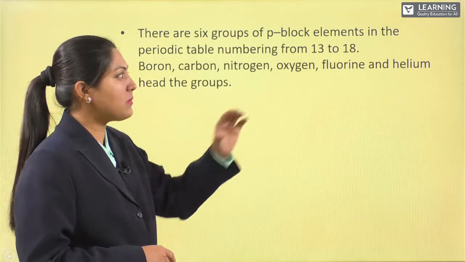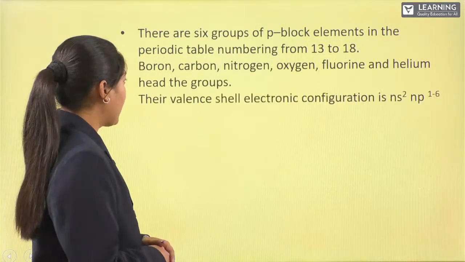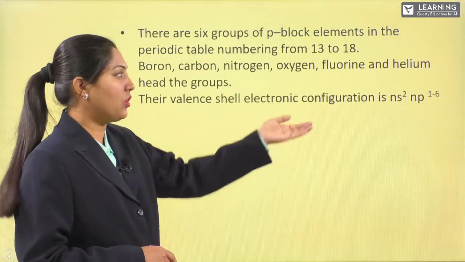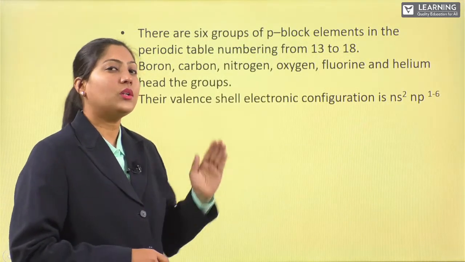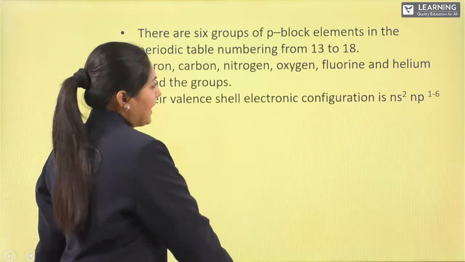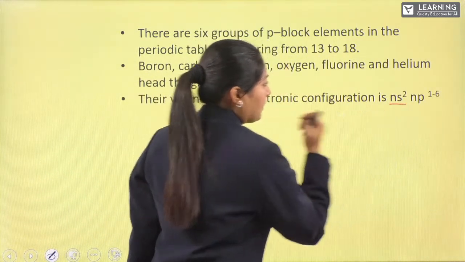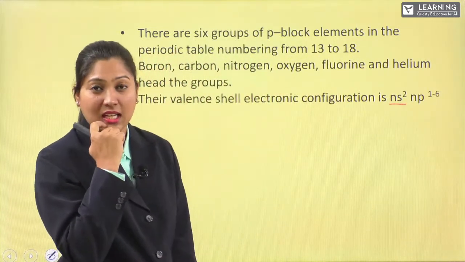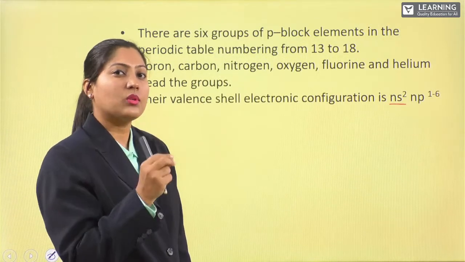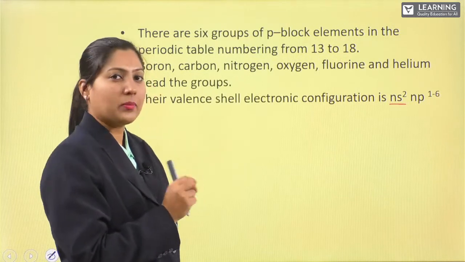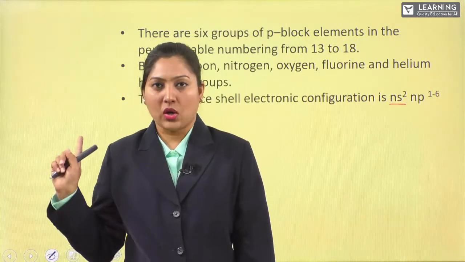Means they are the first members of the groups, and their valence electronic configuration will be ns2 np1 to 6. That means ns2 is common, because in the outermost shell the s orbital will be filled. If the outermost electron is entering into the s orbital, then it will come under s block elements.